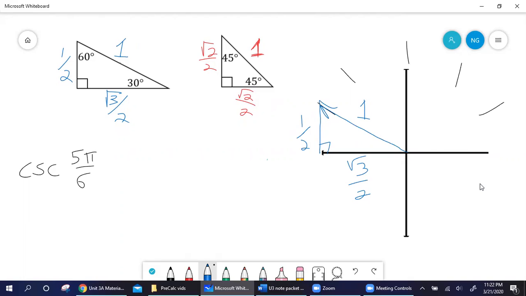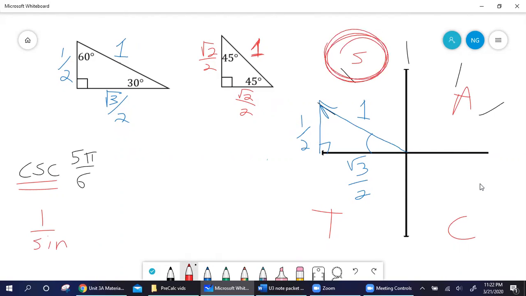Now it wants the cosecant from this reference angle. Now, be careful, my all students take calculus thing only applies to the 3 main ones, sine, cosine, and tangent. But remember that cosecant is just 1 over sine. So if the sine is positive, the reciprocal of the sine will also be positive. So this answer will be positive. And again, cosecant is just the flip of sine. Well, the sine would be 1/2 over the hypotenuse, which is 1.